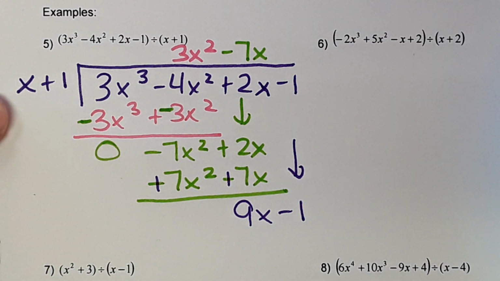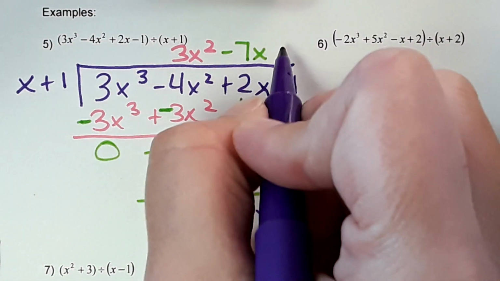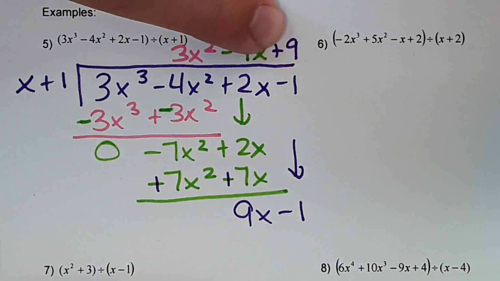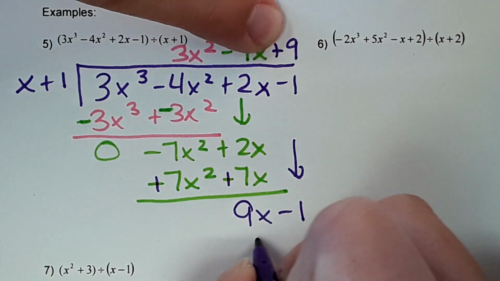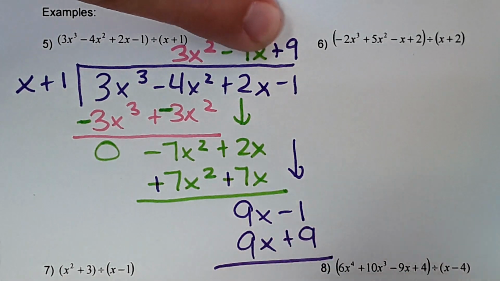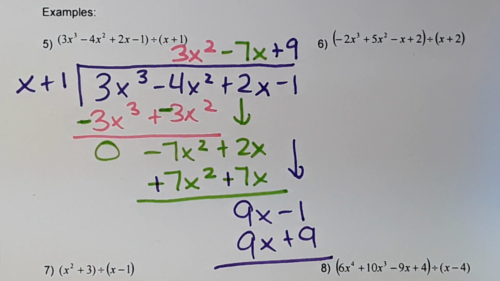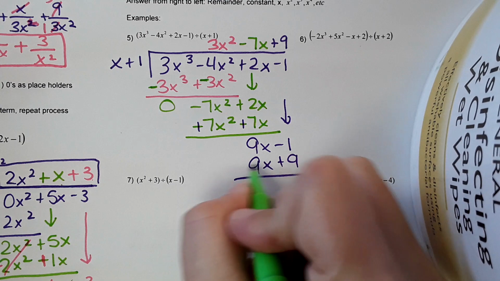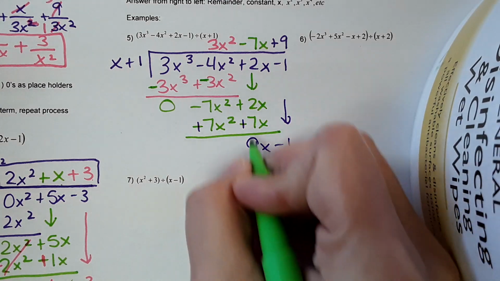Then what would we multiply x by to get 9x? We'd multiply by 9. So we're just going to add 9 right here. Multiply it all out. Then we're subtracting, so change the signs.